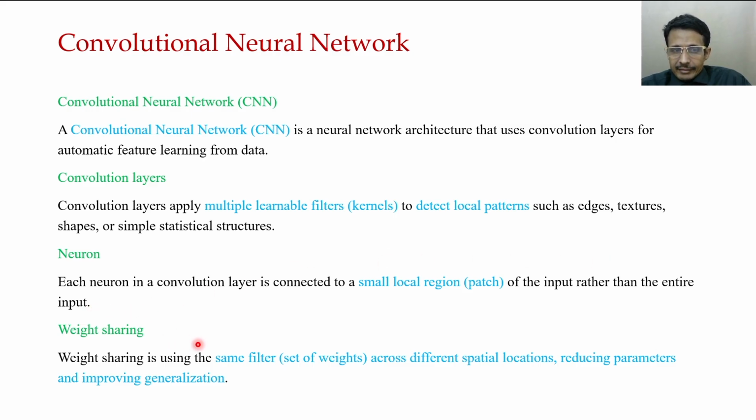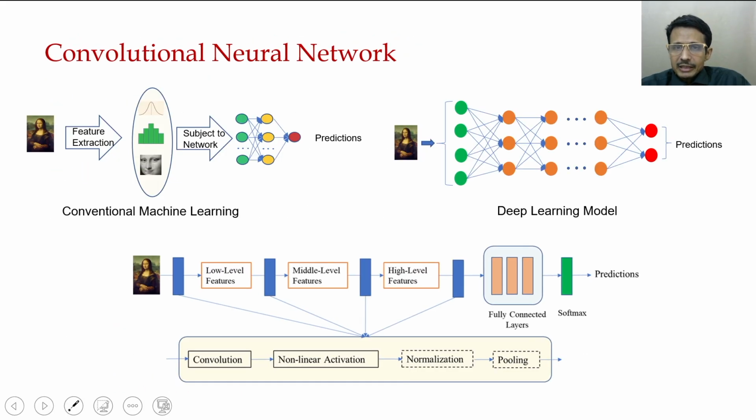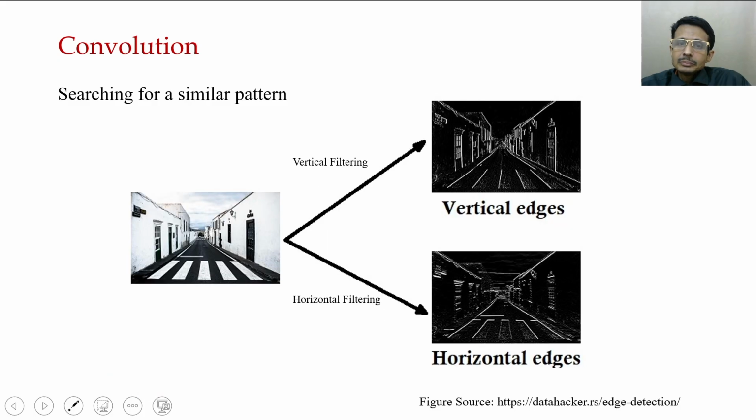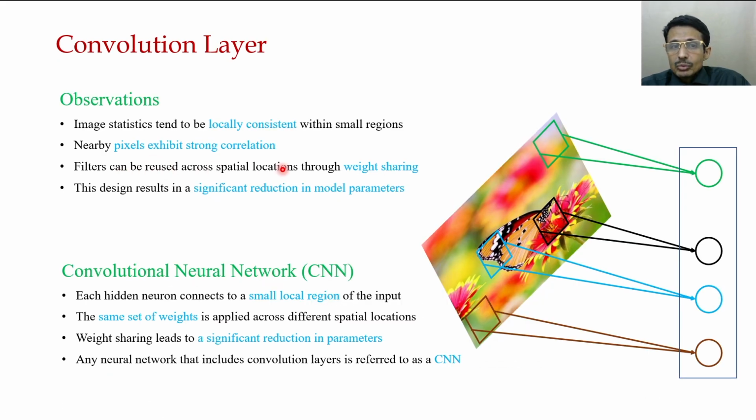Another thing is that the same weight parameters are used across the different spatial locations, reducing the parameters and improving generalization, since we are using the same filters here. Filters can be reused across the spatial locations through weights. So exactly, these are the weights; the initial weights may be this. What is the benefit? This results in a significant reduction in the model parameters, so that we reduce the number of parameters and achieve good generalization.